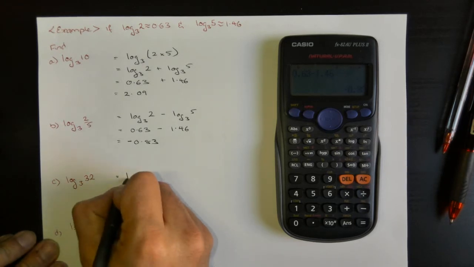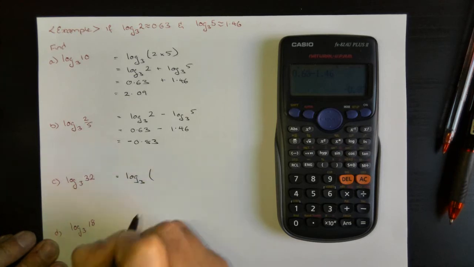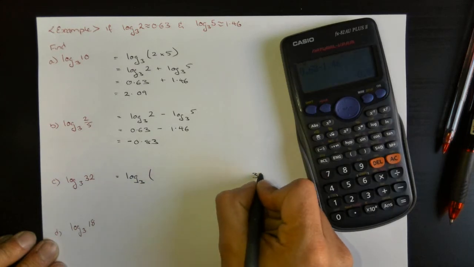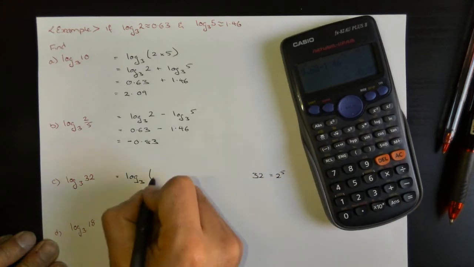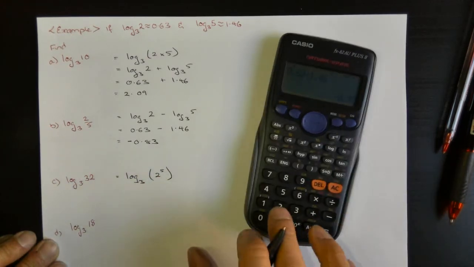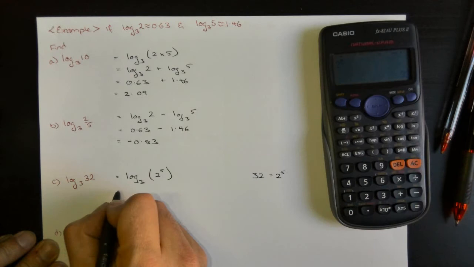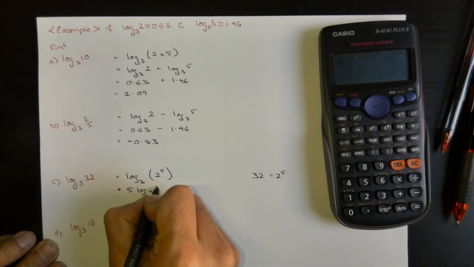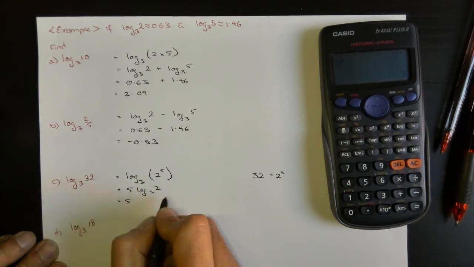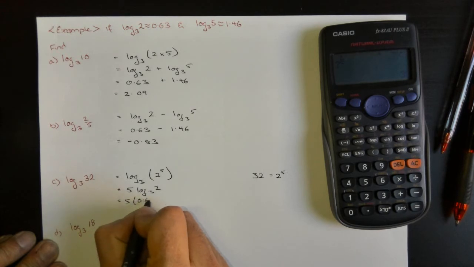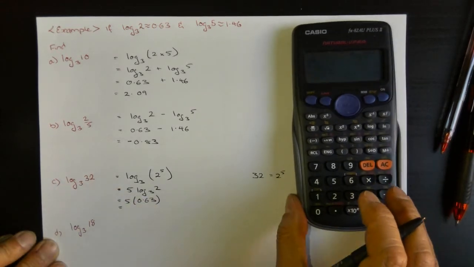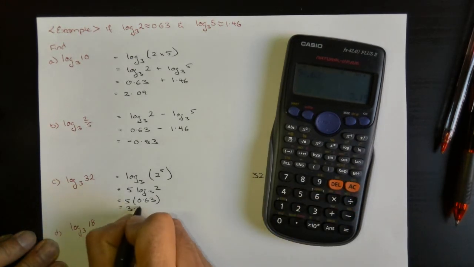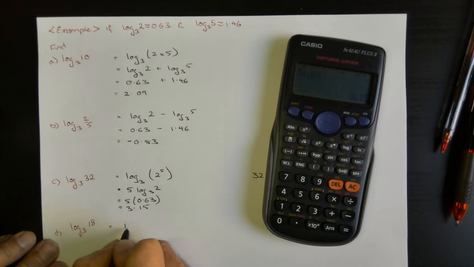We've got to keep that base. 32 is the same as 2 to the power of 5. So remember that's going to be 5 log base 3 of 2. And that is 0.63. So 5 lots of 0.63 is 3.15.